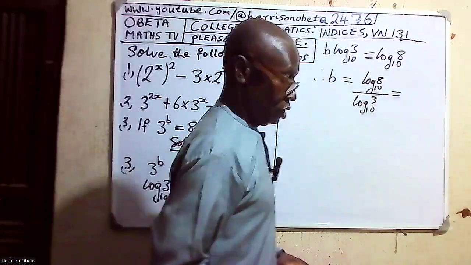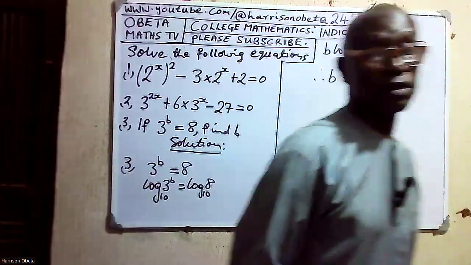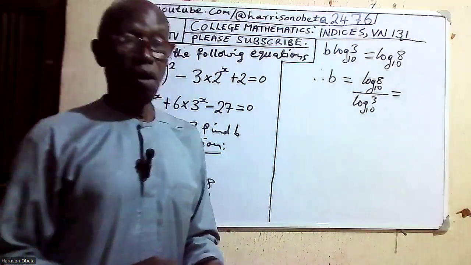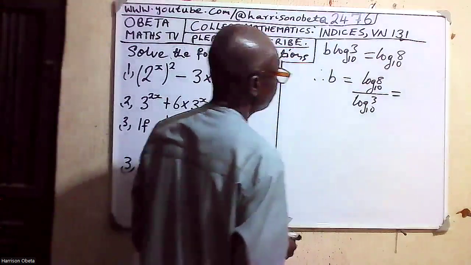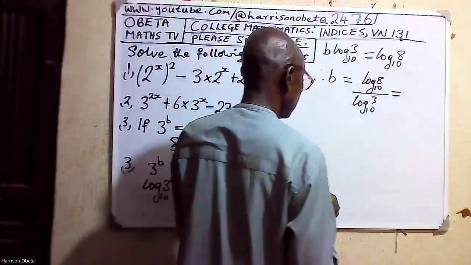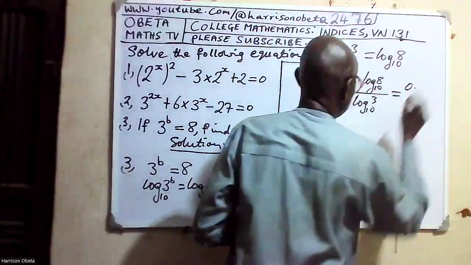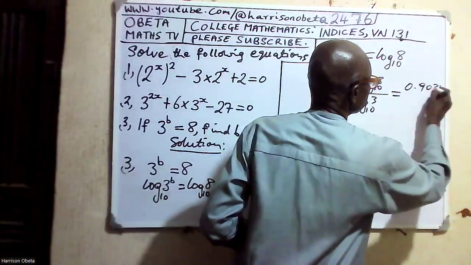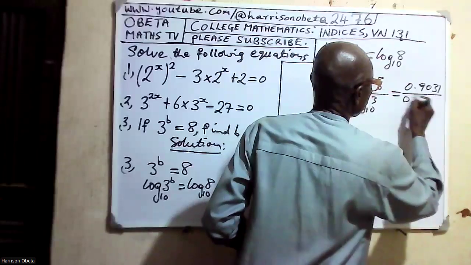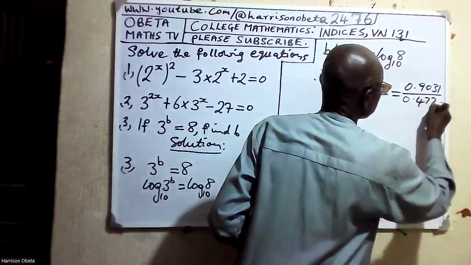And that is, you go over to use your four-figure table or calculator, and that will give you 0.9031 all over 0.4771.